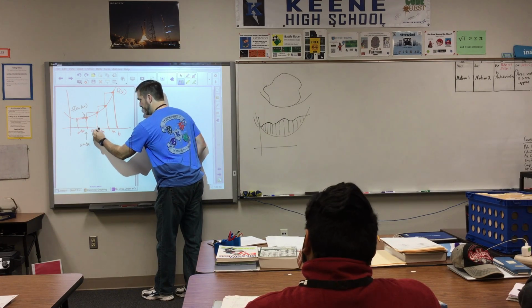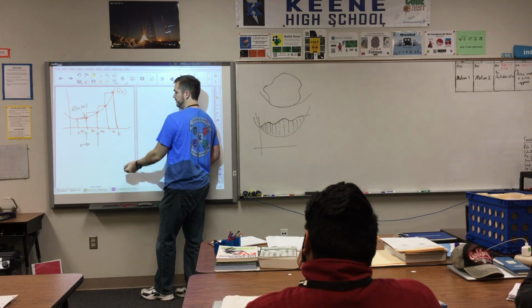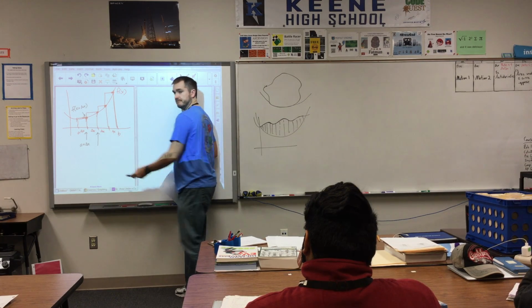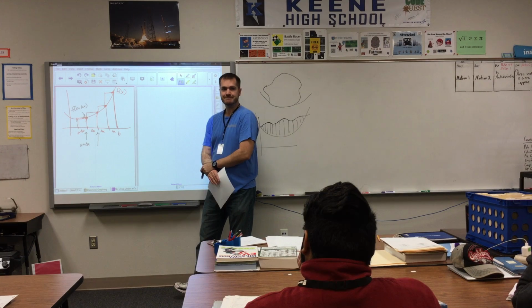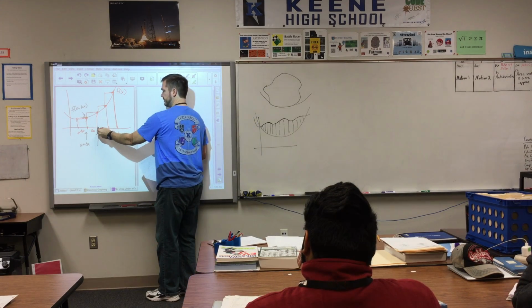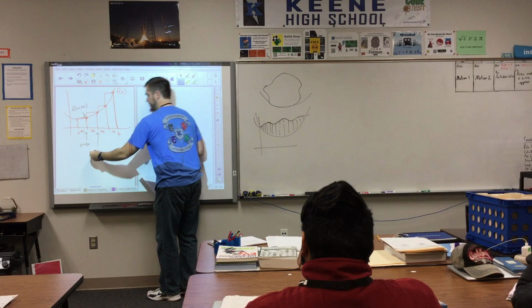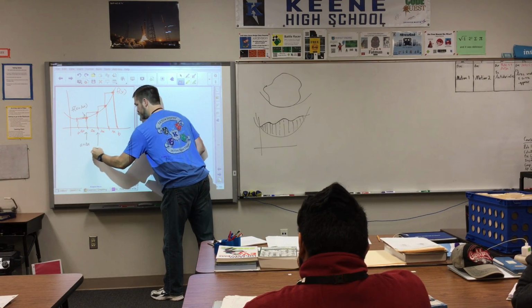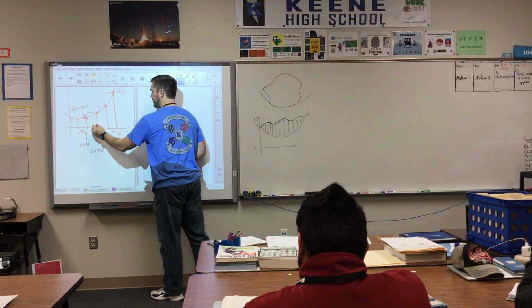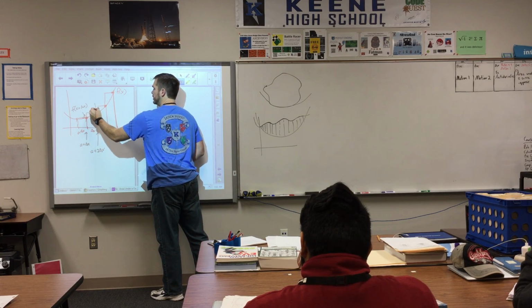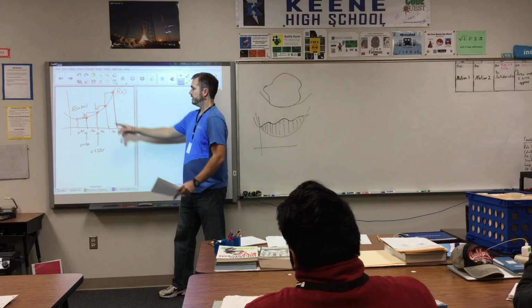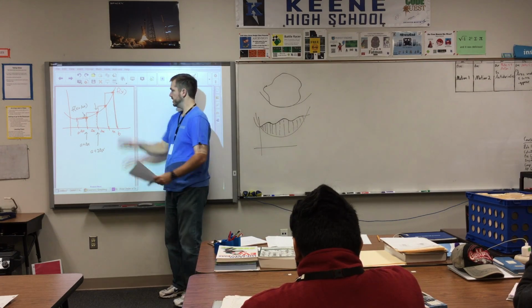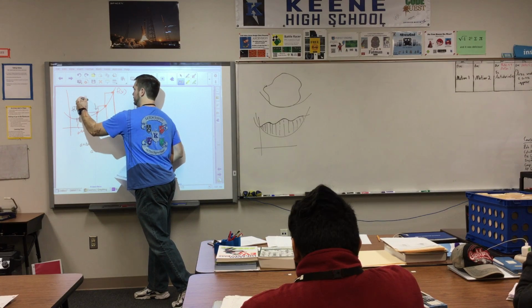Class, what would this x value right here be? A plus delta x plus delta x, or a plus 2 delta x. So then what would that y value right there be? f of a plus 2 delta x.